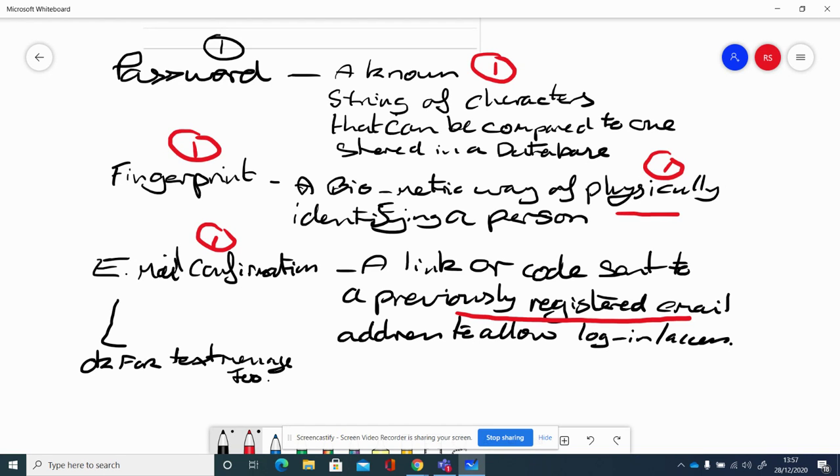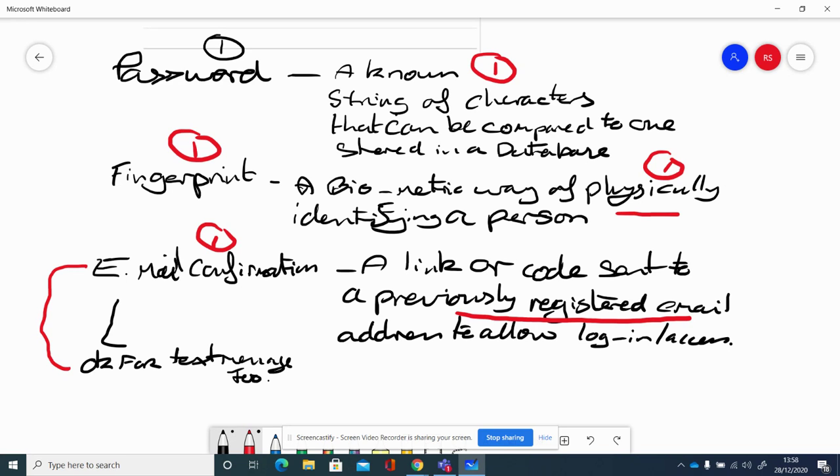So you've registered an email address, they've sent you a link, you can access that email, and so they're saying, yeah, that's a way of confirming your identification. And that allows a login, sometimes gives you an access code to let you do that. You could say the same thing for text message, that would be okay, but you can't say both email confirmation and text message confirmation because they're basically the same thing.